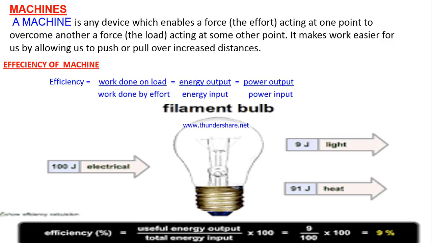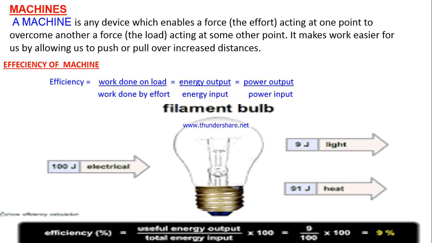So we talked about levers, we talked about simple machines, and machines. You need to determine whether a machine is efficient or not. So the work done on the load divided by the work done by the effort, or simply put, the energy output over the energy input, or the power output over the power input determines the efficiency of any machine.